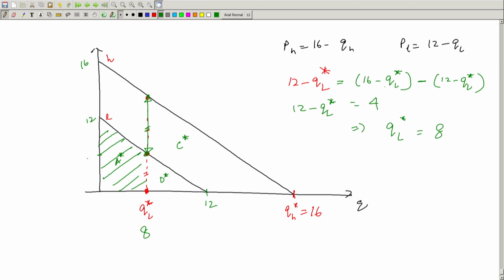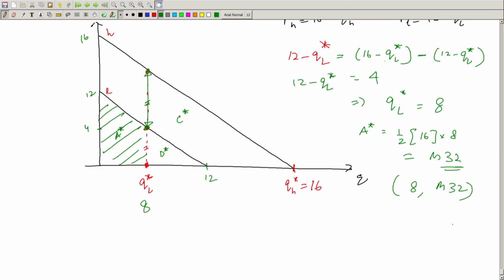So, I can compute this to be equal to 4, and you can check the A star value turns out to be equal to 1/2 times the sum of the parallel sides. So, 12 plus 4, which is 16, times 8. So, that is rupees 32. So, I offer 8 and rupees 32, which is chosen by the L type, and then I charge A star plus C star plus D star to the H type. I will let you numerically compute what the value of D star and C star are, right.